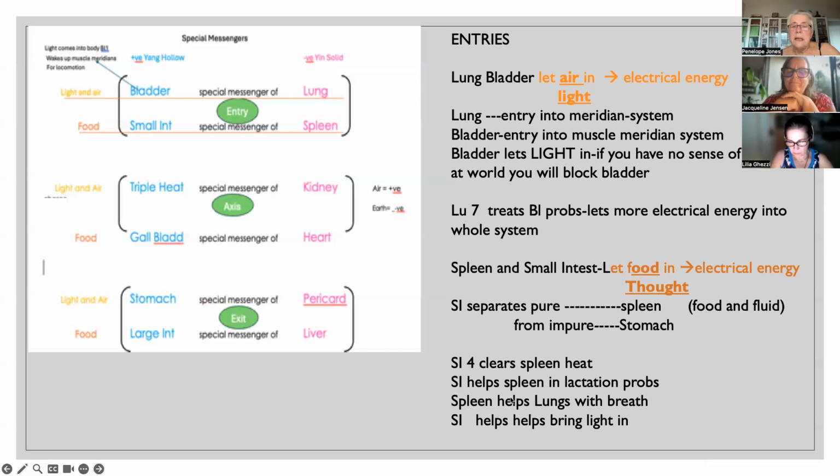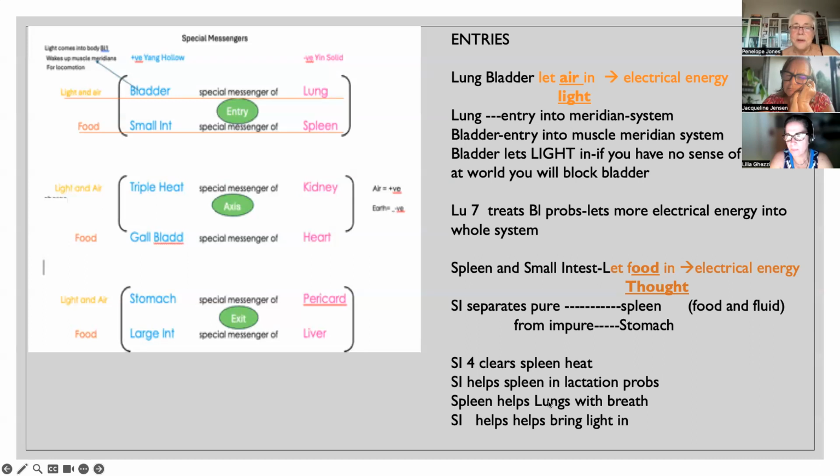Now, the spleen and the lungs are an up and down pair. I had two clients who had really bad lung problems, and one of them had a spontaneous perforation of the lung, and the other, I can't remember what she had, but both of them had been doing PhDs.